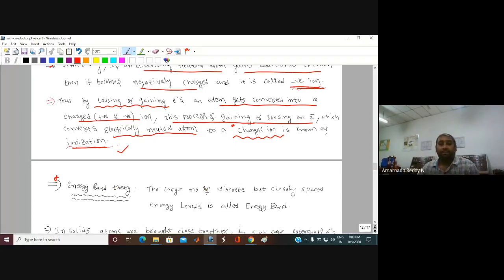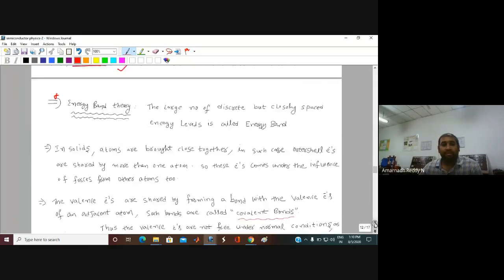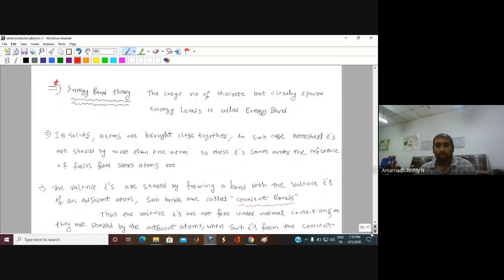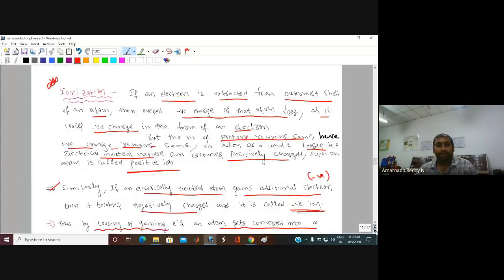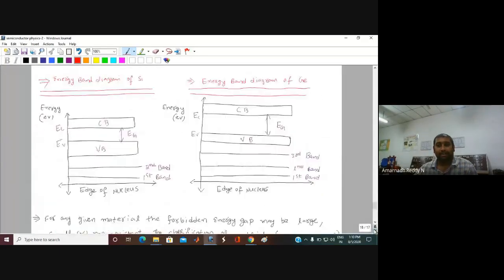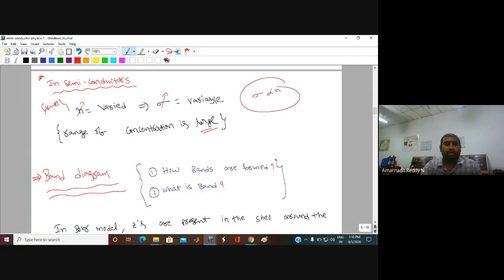From now onward we need to discuss this completely: valence band, conduction band. Before studying energy band theory in detail, we'll shift to another slide with the band diagram.